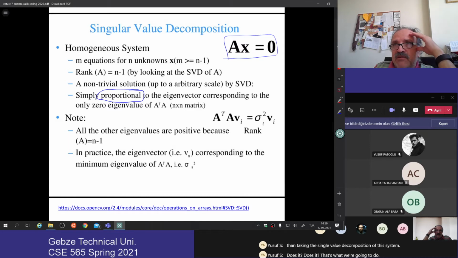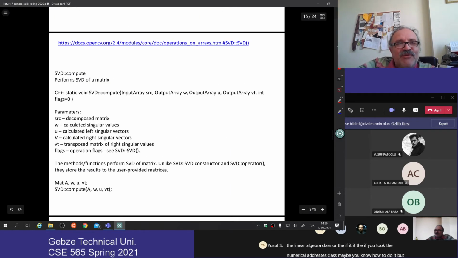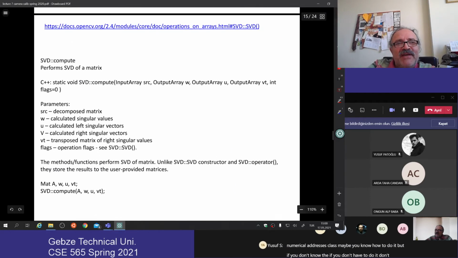And taking the singular value decomposition, maybe if you took the linear algebra class or the numerical analysis class, you know how to do it. But if you don't know how to do it, don't worry. OpenCV provides plenty of functions for that. There is an SVD compute function. You take the input array, that is your source decomposition matrix, and it outputs three matrices for you.